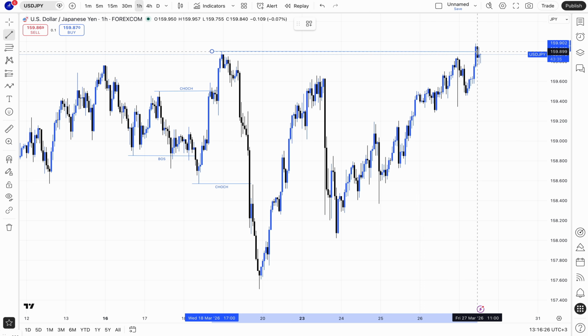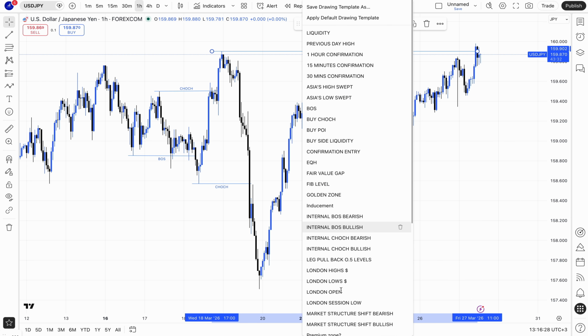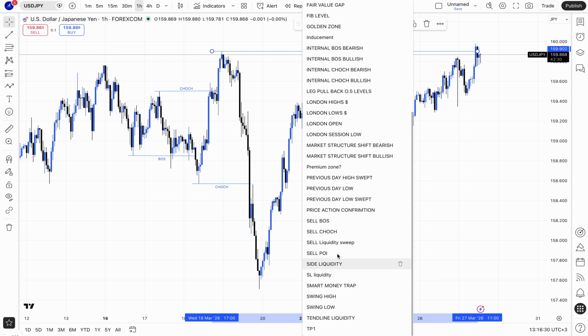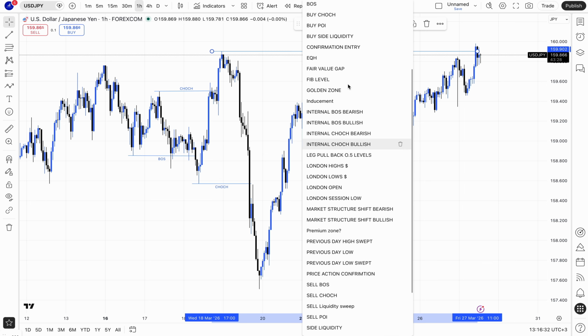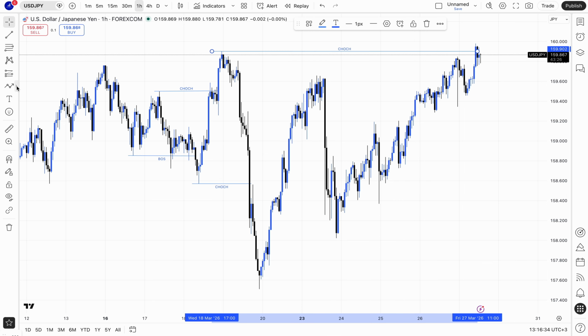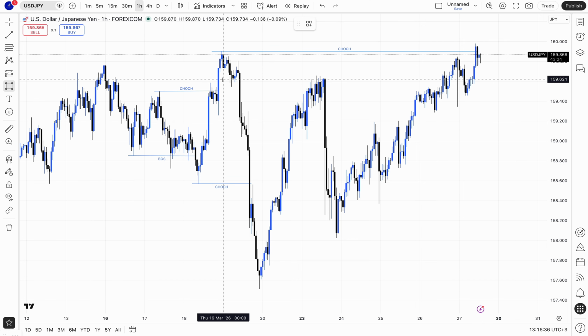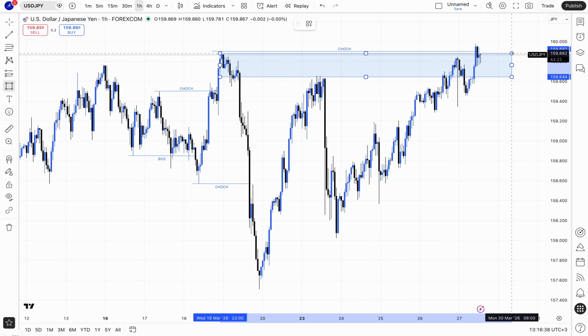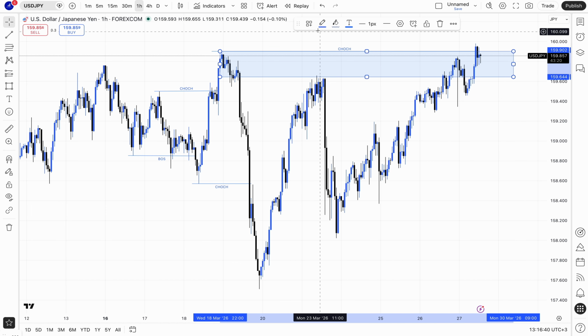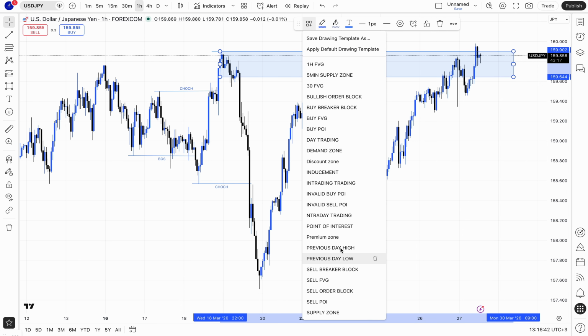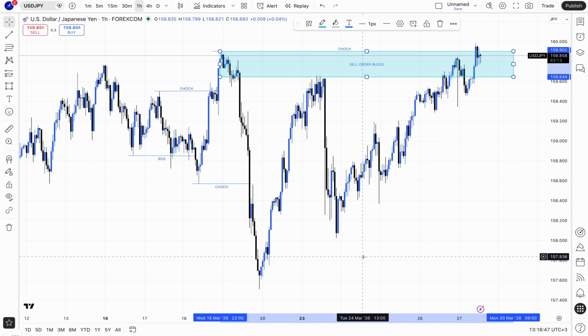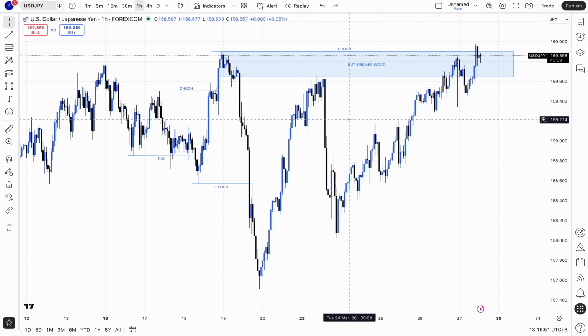And we had our bearish order block, which was just here, and after being disrespected, it turned into a breaker. It was a bearish breaker order block, then it turned into a bullish breaker block.